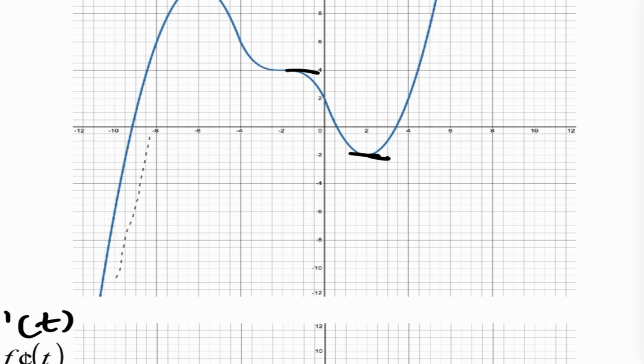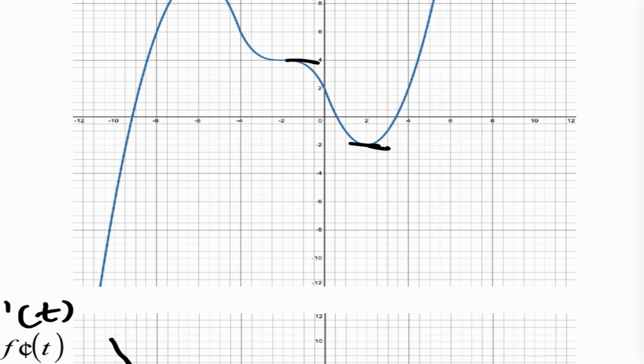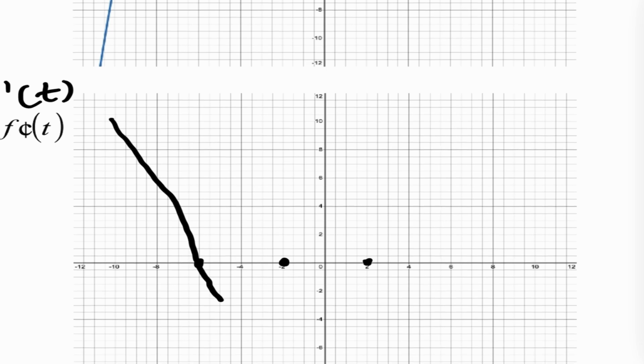We can start seeing that it increases, so we'll be going the opposite of that, starting from up here, down. Then, because this is concave down, we will have a concave up.